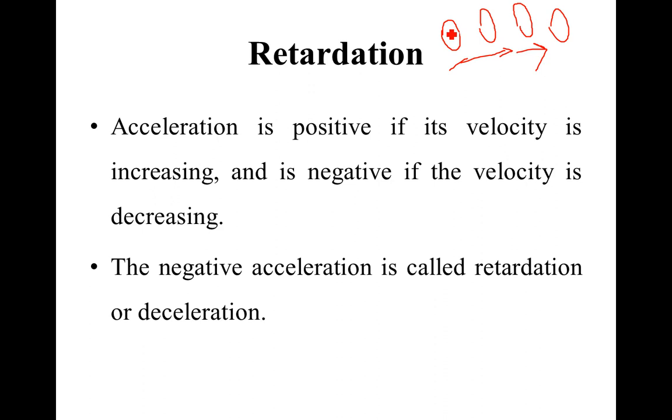If the speed, instead of increasing, gets decreased, that is, initially the object moves very fast, then as time goes the speed reduces, and at one particular point the speed will be 0 and it will stop, then that is called retardation.